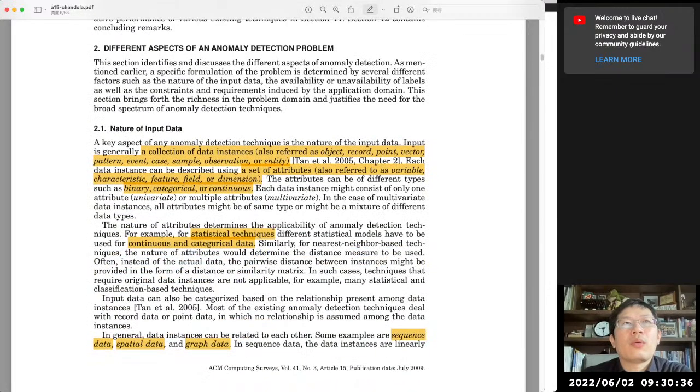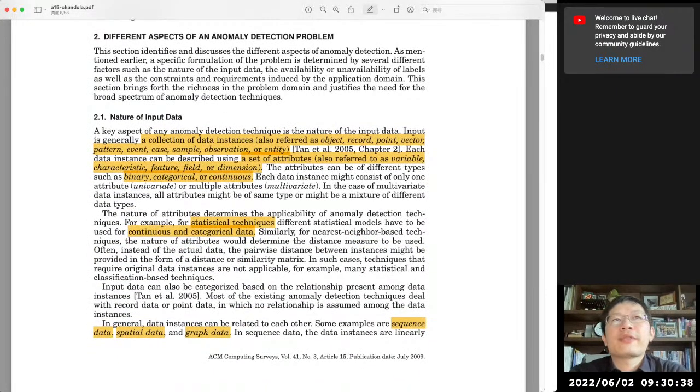Let's see. There are some different aspects of an anomaly detection problem. The first one is, of course, for anomaly detection, we like to build a normal model, right? So we have a collection of data instances. Those data can be referred to as objects, records, points, vectors, patterns, events, cases, which is okay because they're interchangeable.